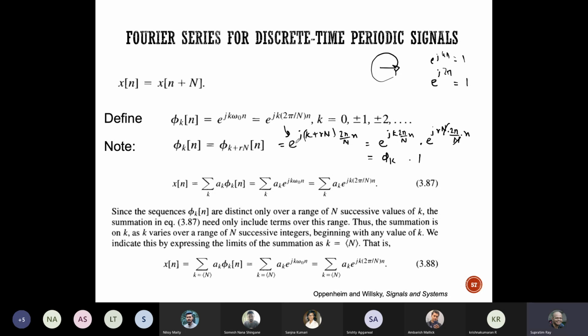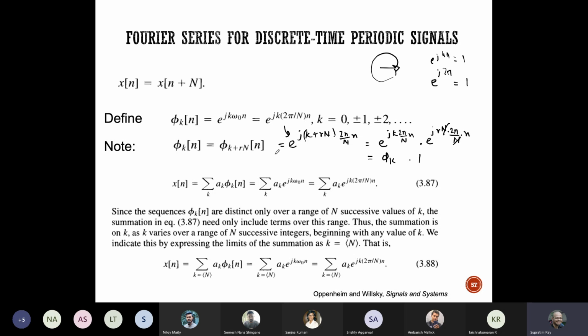So unlike the continuous periodic signal that needed an infinite number of coefficients, for a discrete periodic signal I just need N coefficients, because the remaining ones are just going to be the same as these ones.